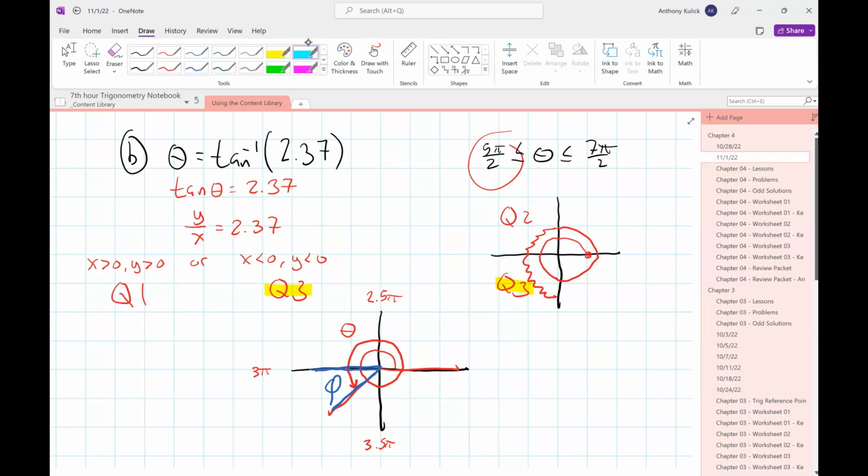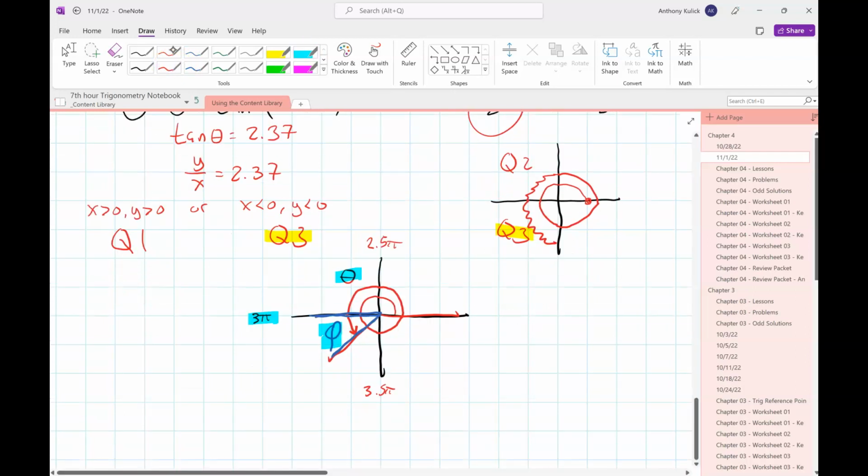All right. So now I'm going to relate theta with 3 pi, the piece of the x-axis that's also a part of phi, and phi. So those are the 3 things I'm going to use to write my equation.